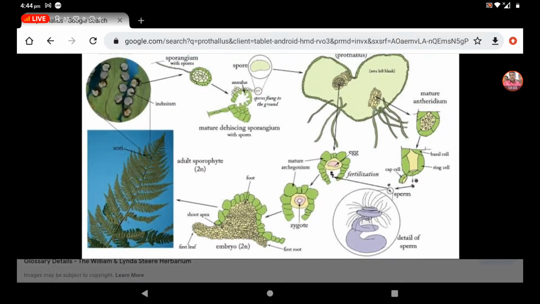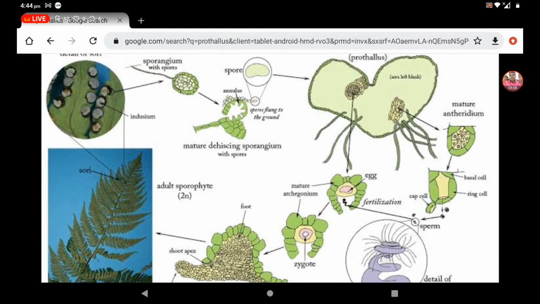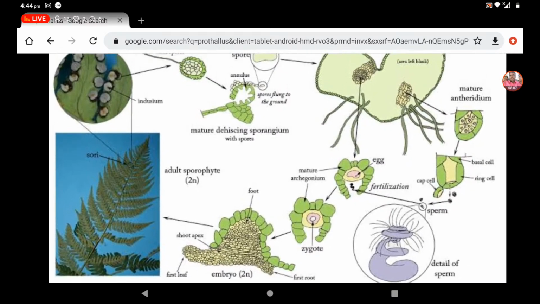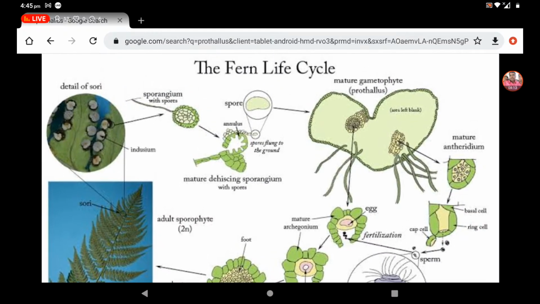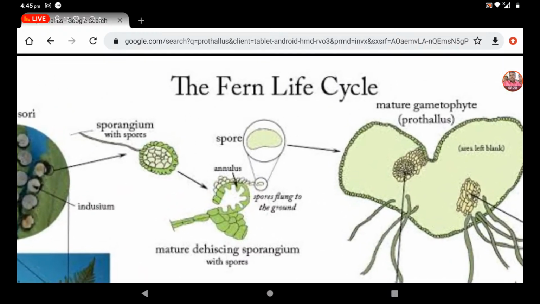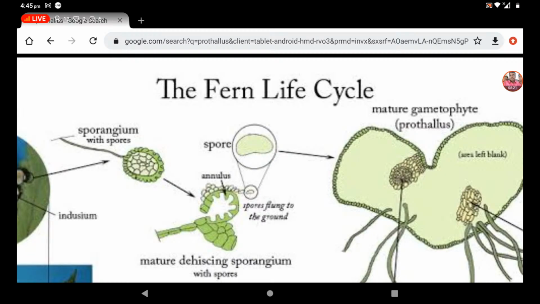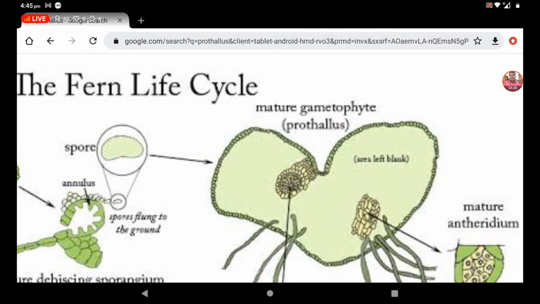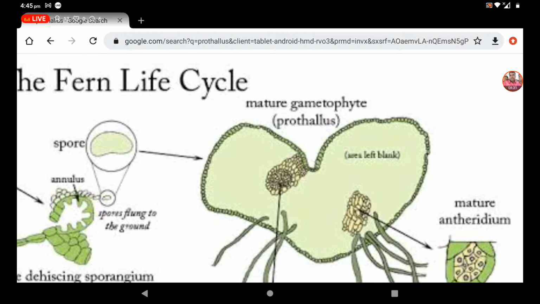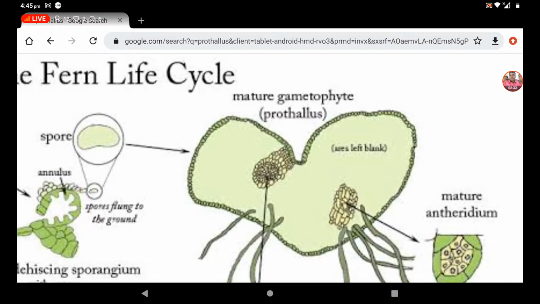In this picture on the screen, the Gametophyte is present as well as the Sporophyte. The heart-shaped, green, multicellular structure is called the prothallus. Here you find the mature Gametophyte, prothallus: multicellular, green, heart-shaped, inconspicuous, which is not clear.